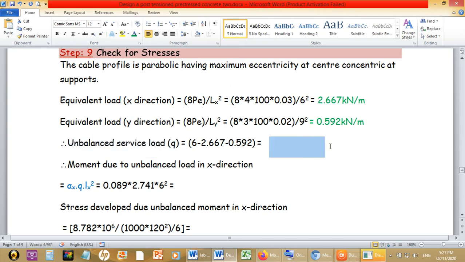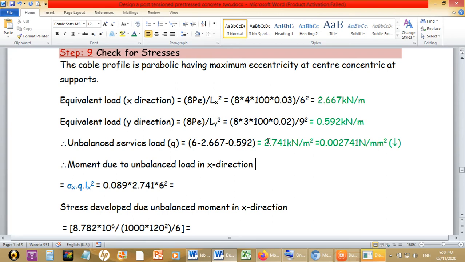So the total residual load, or the actual load remaining on the structure, is 2.741 kilonewton per meter square. Or if we want to convert that, the actual load present is 0.002741 Newton per mm square, which is acting in downward direction.